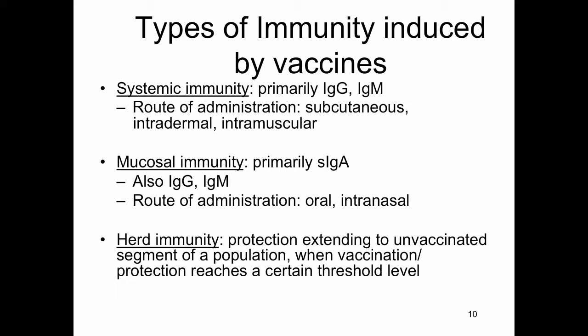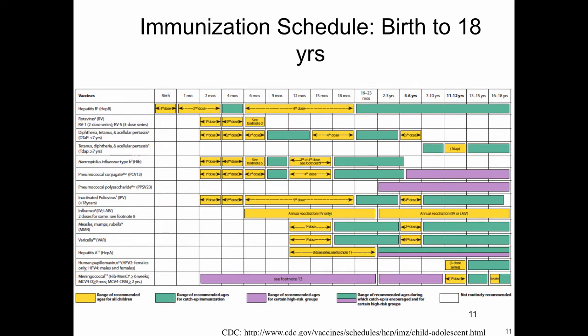Because if you're protecting the majority of a population, it basically reduces the potential reservoir of the microorganism, and it reaches a certain threshold level that results in elimination of the microorganism from the population and limits its spread even to people that did not receive the vaccine.